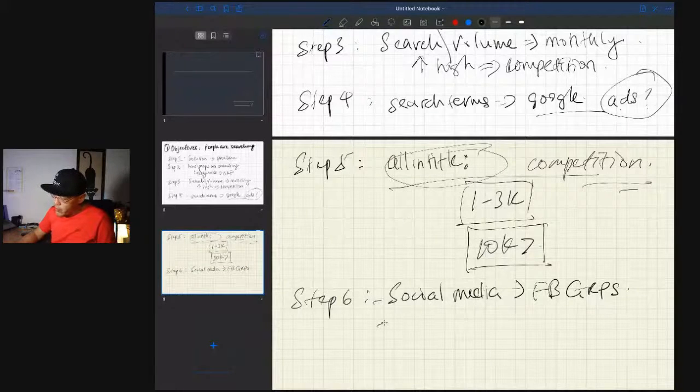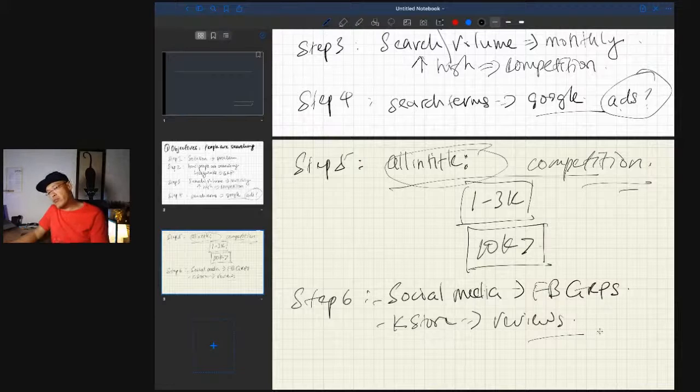The other place that I really would like to go to is the Kindle store. In the Kindle store itself, I would really like to look at the reviews, because the reviews tell me to what extent the needs of the audience are being served by the competition, and also to what extent the audience's needs are not being served, right?